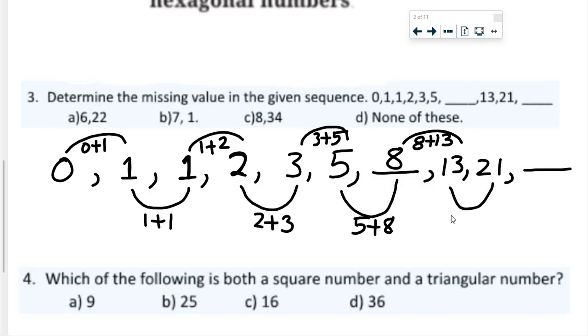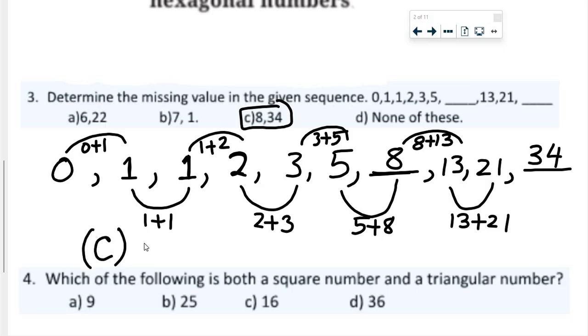To get the next number, you do 13 plus 21, that is 34. So the missing numbers here are 8, 34, which is option C. So you write here, option C in capital letters, and then you write the sentence, 8, 34. That's the correct option. All right?